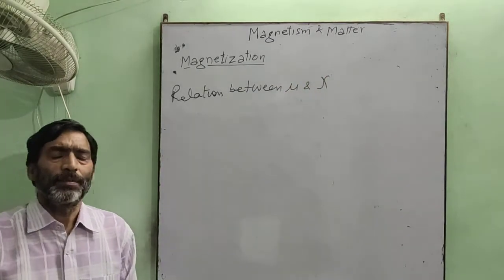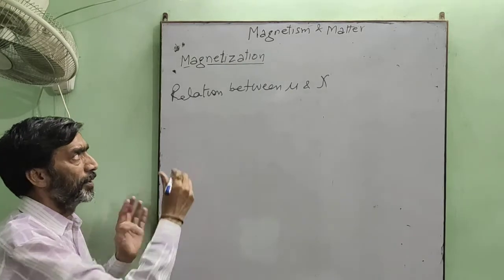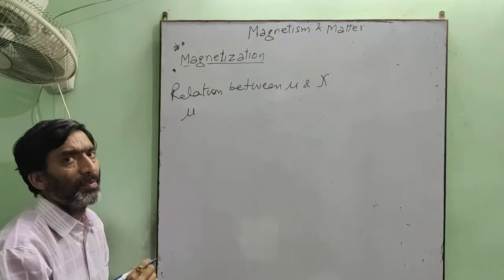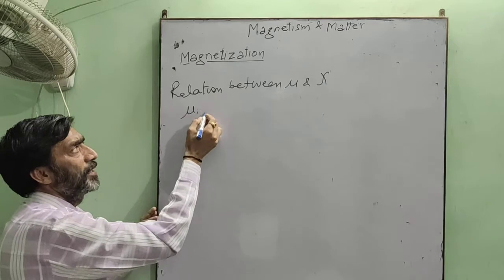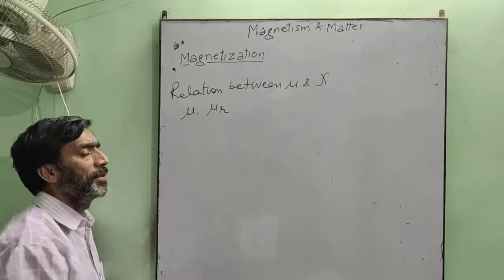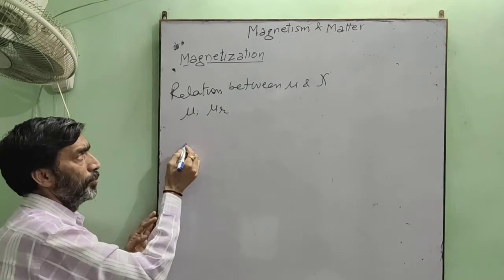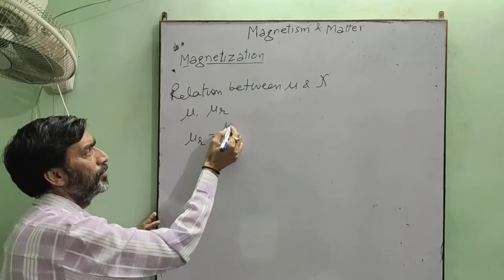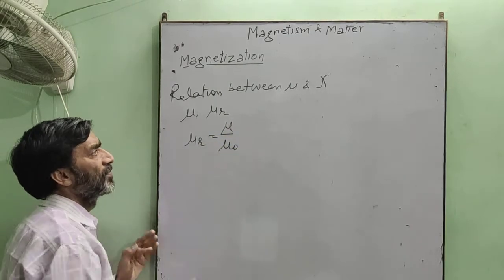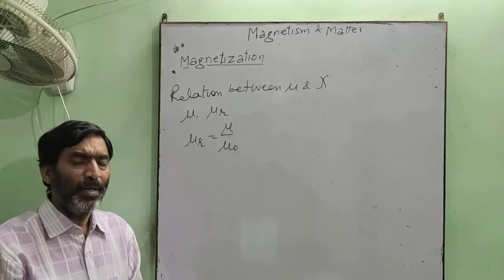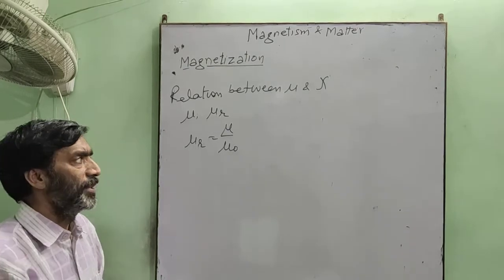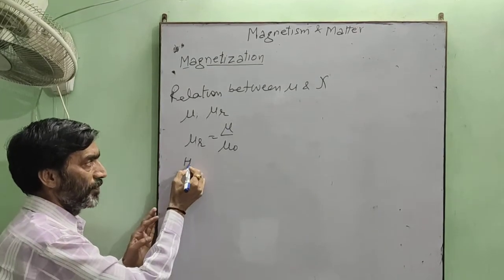Suppose there is a magnetic substance of magnetic permeability mu and relative magnetic permeability mu r. So mu r is equal to mu upon mu naught. It is placed in an external magnetic field of magnetizing field intensity H.